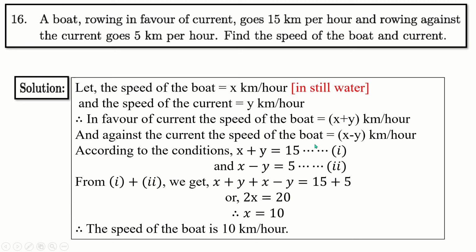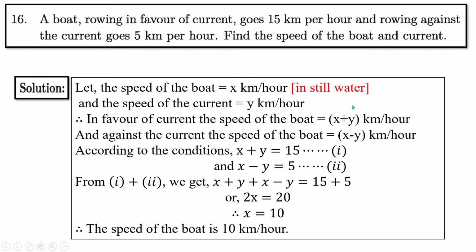Now we have to find the value of x and y. So here given x plus y equals 15 kilometer per hour, because in favor of the current the speed of the boat is 15 kilometer per hour.